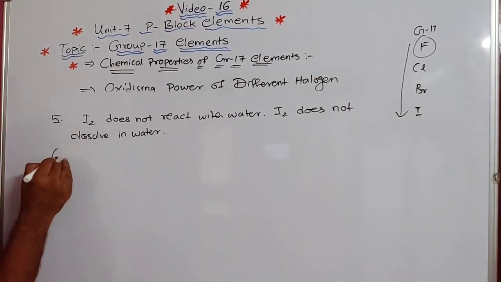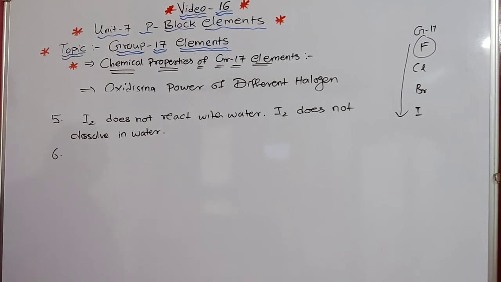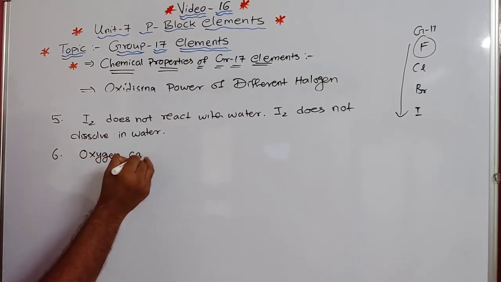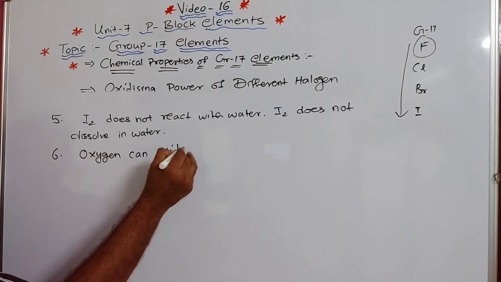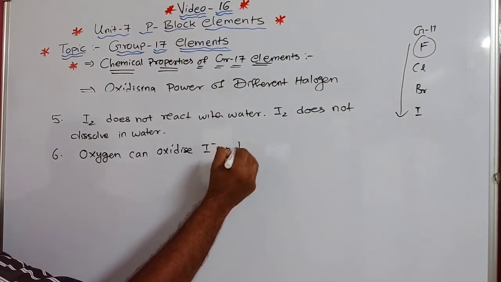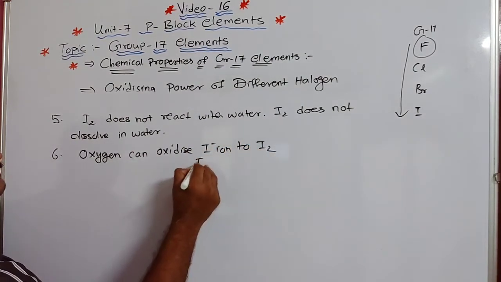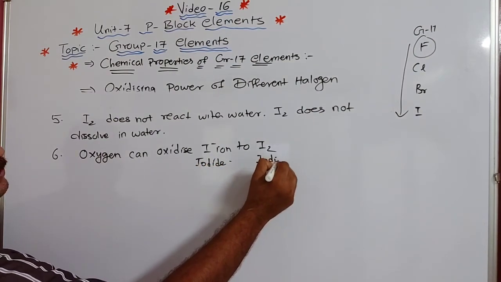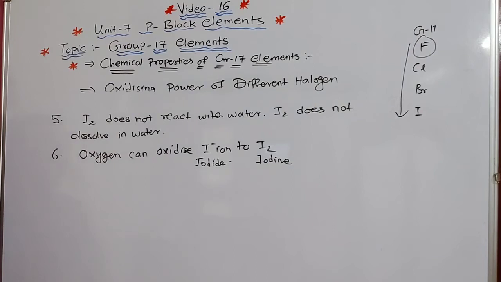Now another point, point number 6, regarding the oxidizing power of different halogens.